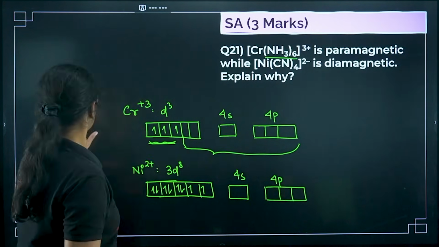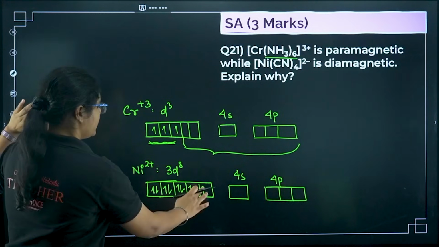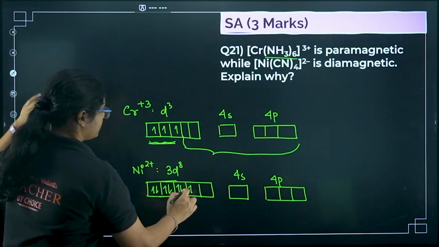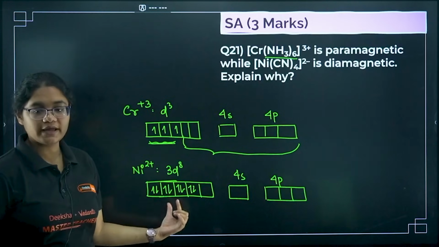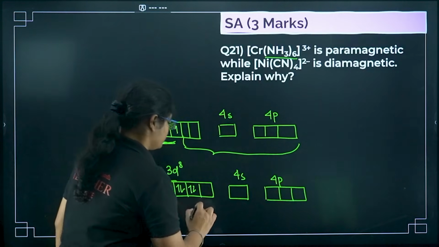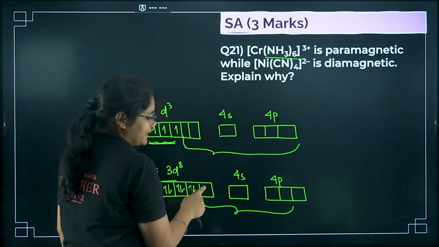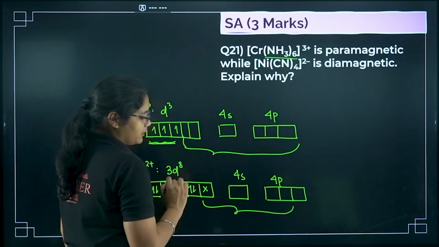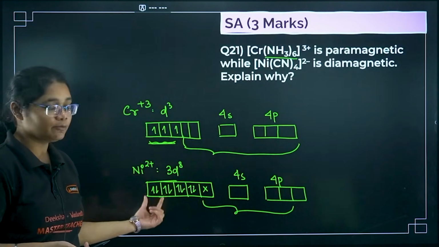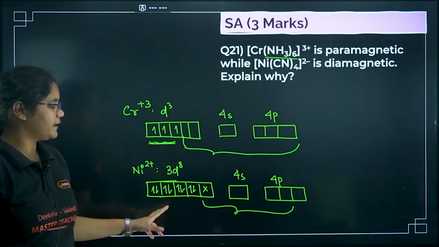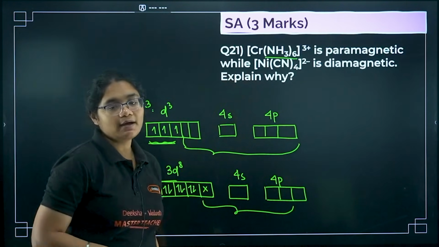Now you can see that since CN is a strong field ligand, the pairing of electrons takes place and you will get dsp2 hybridization. I needed this empty orbital for the hybridization, so we need to do pairing, and here you see there is no unpaired electron, so that is why this is diamagnetic.